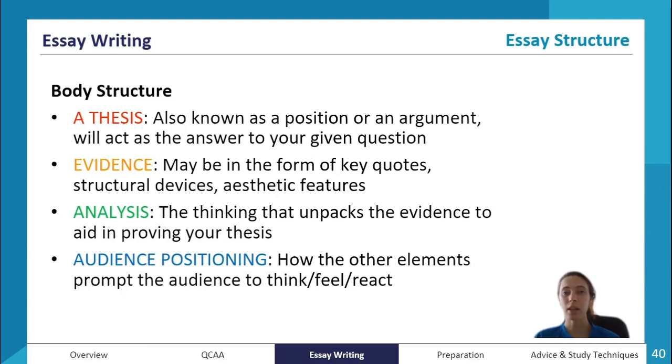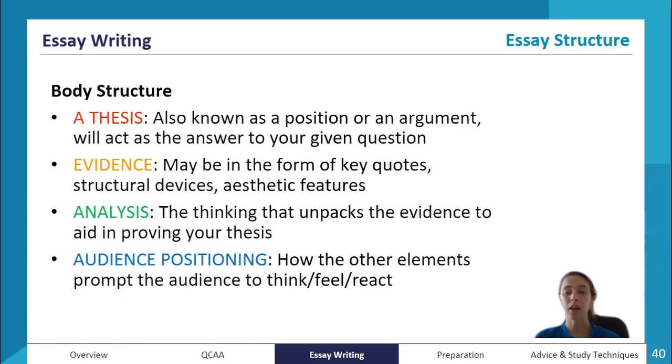So remember that there's no point in just providing a whole bunch of quotes, a whole bunch of ideas, if you're not actually going to pick apart those things. It's up to you to show the reader why your points are relevant, why your evidence is relevant. So you need to be showing how or why it proves your thesis and your point for that paragraph. You're relating to the point in the paragraph and you're relating to the overall thesis.